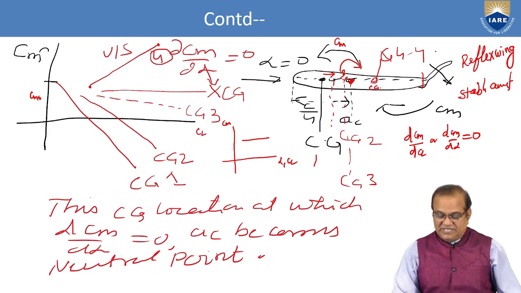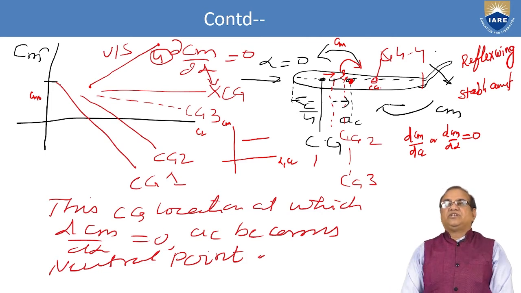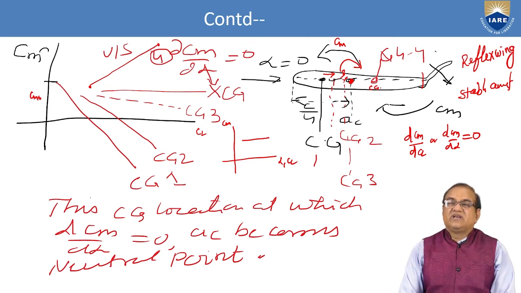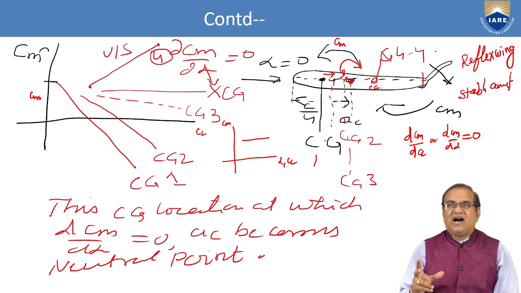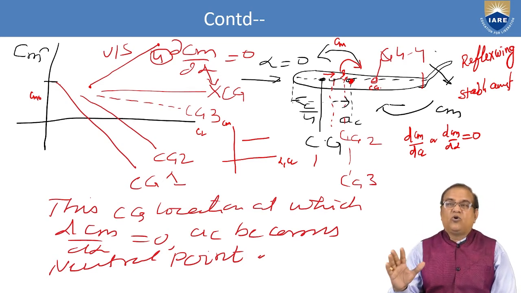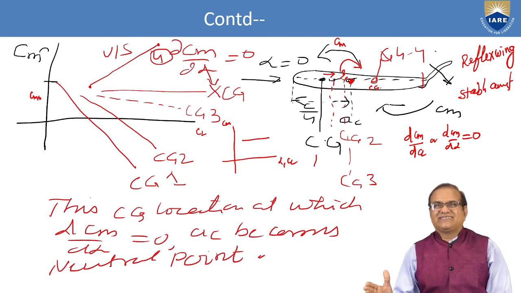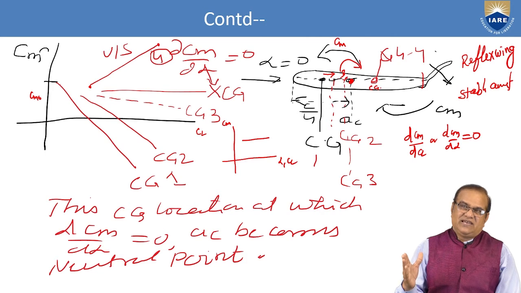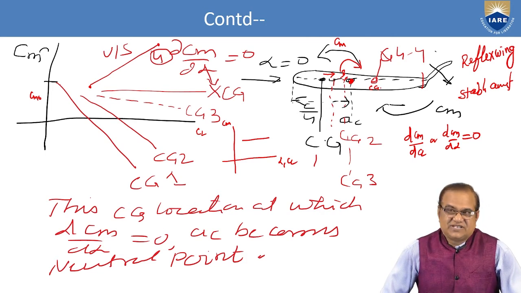So this CG location at which dCm by dCl is equal to 0, the aircraft becomes neutral. So this AC will become the neutral point, and this is the limitation of the center of gravity. At no cost should your CG go behind the aerodynamic center, and if it goes behind it, your aircraft is going to be unstable.